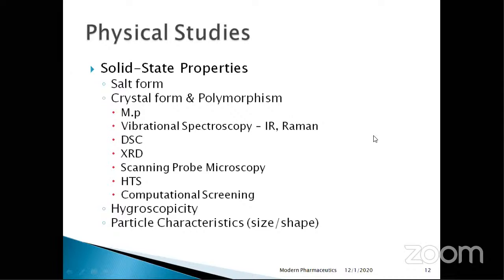Then the shape, irregular shape particles, mostly pharmaceutical particles are irregular shape. So irregular shape particles will have issues of flow. Now we all know that in order to develop a suitable tablet, the uniform size particles should flow uniformly from the hopper to the tablet die cavity.